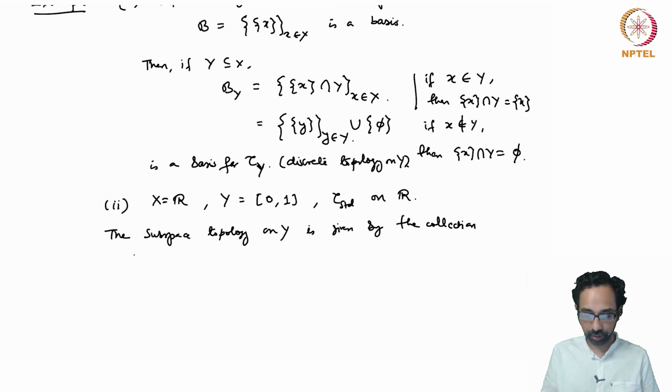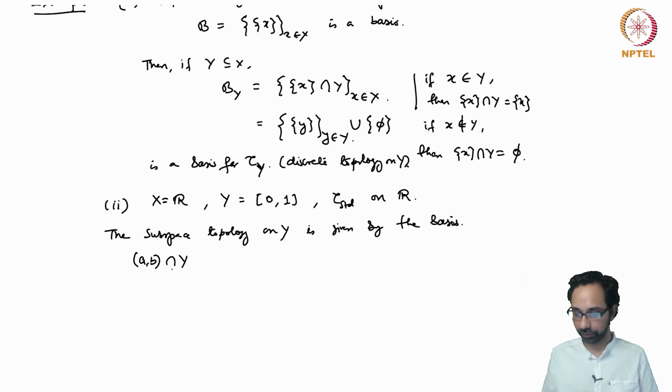So first of all, you will have all the open intervals (a, b). Okay, so let me write it as a basis. So we know that the basis for the standard topology is given by these open sets, right? So then we need to take these intersections with the basis sets, (a, b) intersection Y, (a, b) in the real line. And so what is this collection?